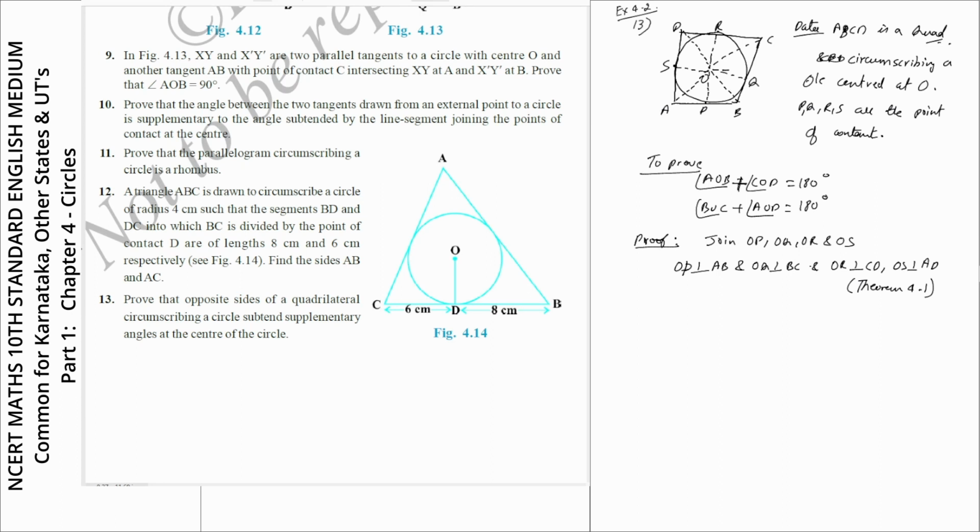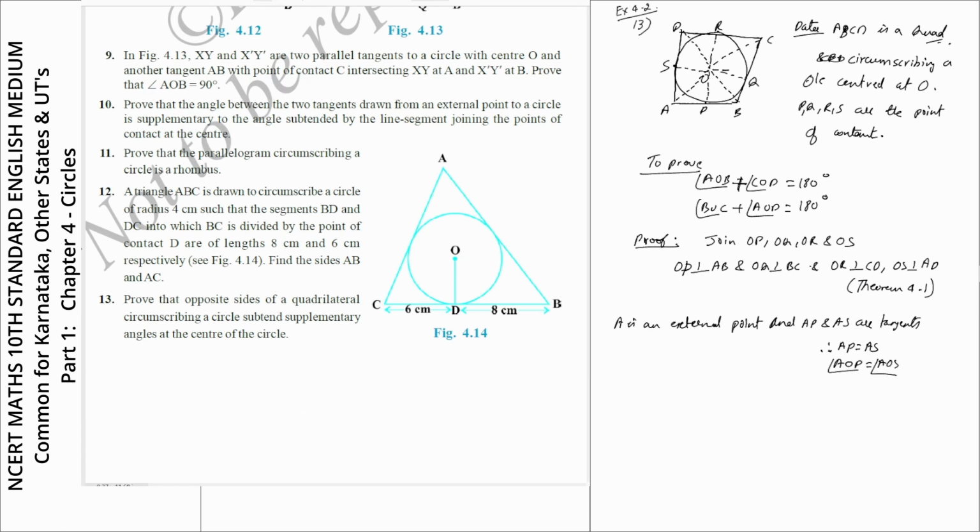Now you can see that A is an external point, and AP and AS are tangents. Therefore AP is equal to AS, and angle AOP is equal to angle AOS.